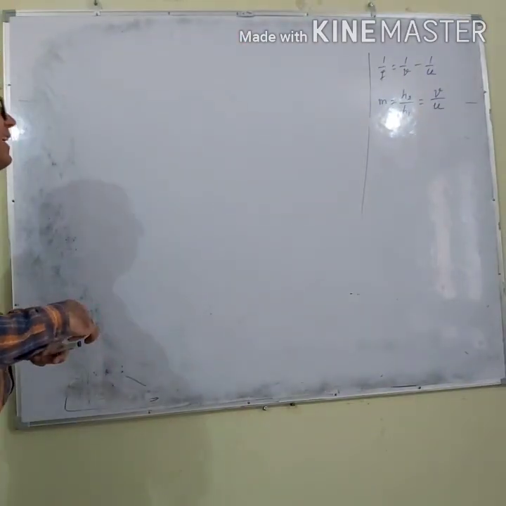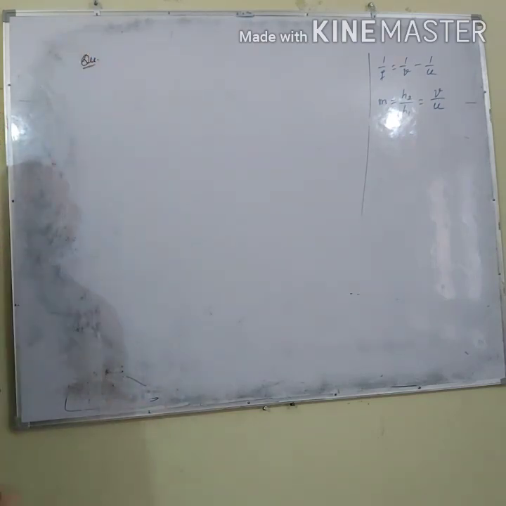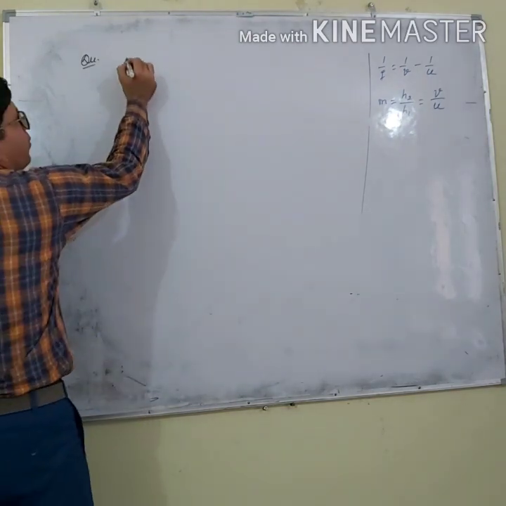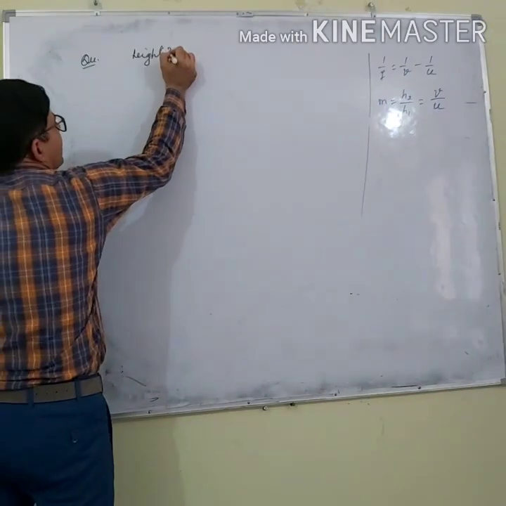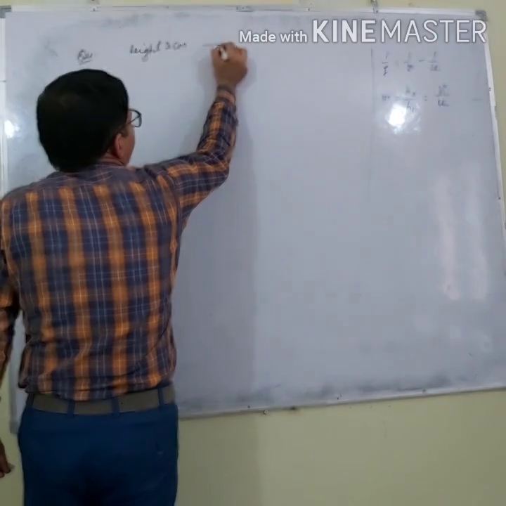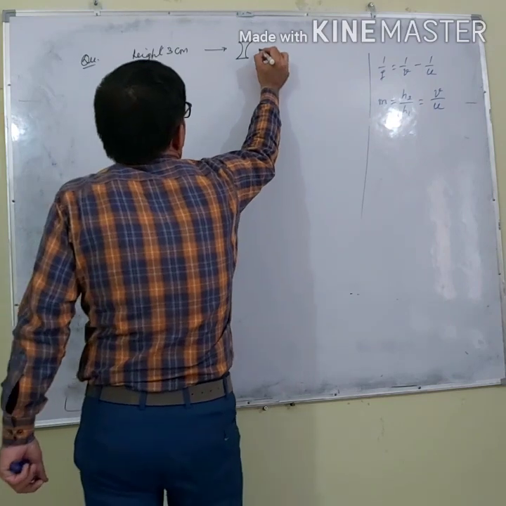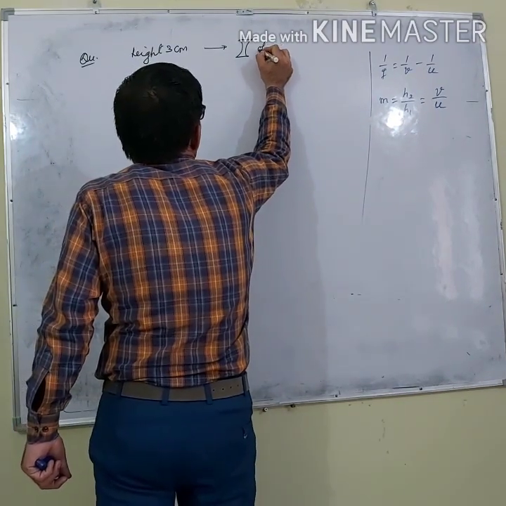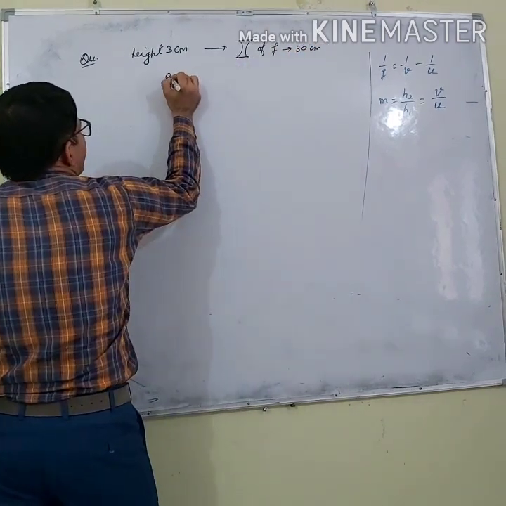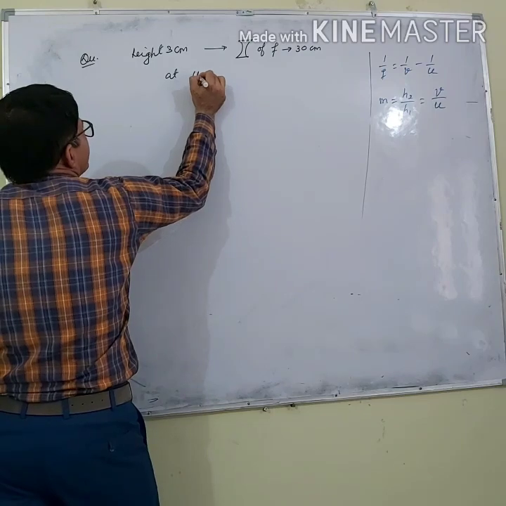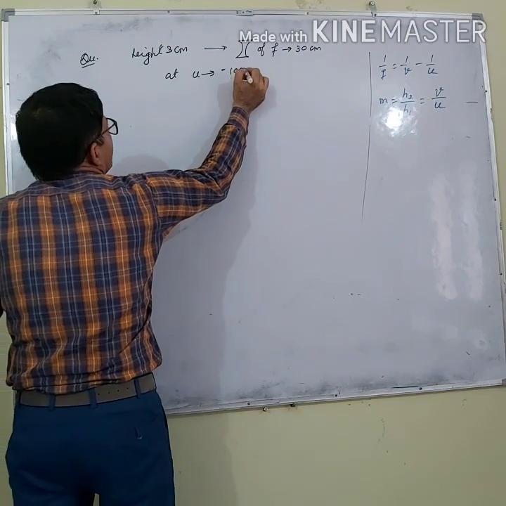Now let's check it out. What is the question? The question is: an object of height 3 cm is placed before a concave lens of focal length 30 cm at a distance of 100 cm.